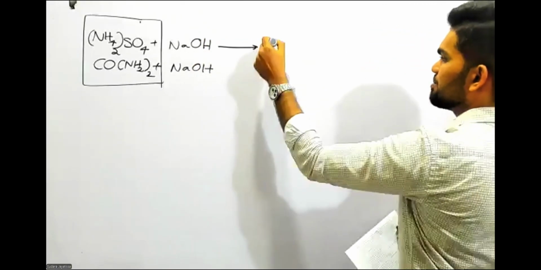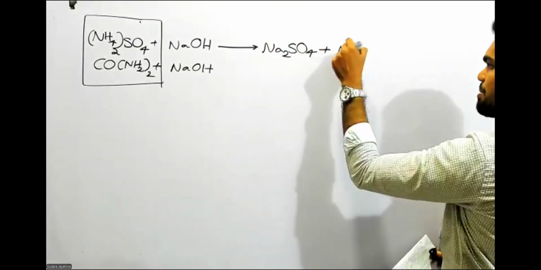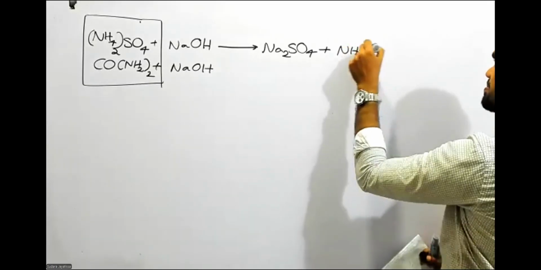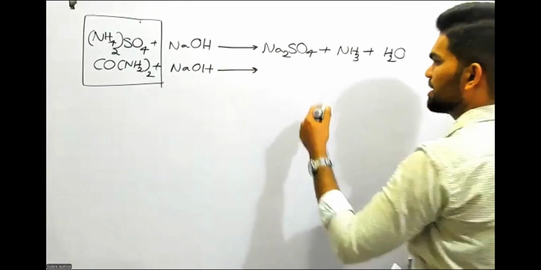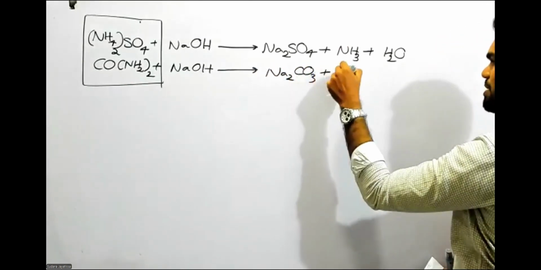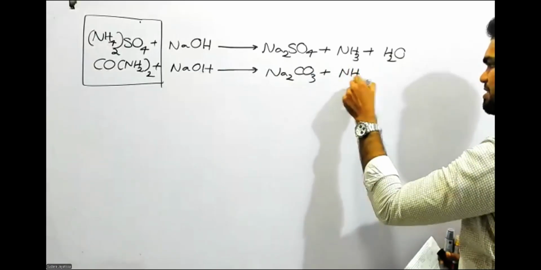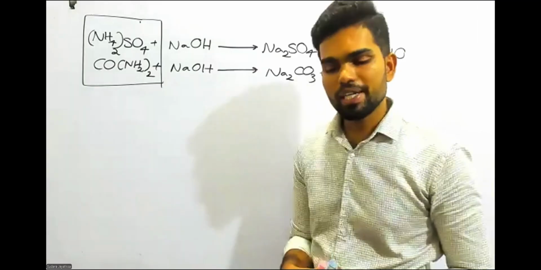You can see the products are sodium sulfate, ammonia and water. Here the products are also given: urea forms sodium carbonate and ammonia. For balancing these chemical equations, we can use the inspection method.